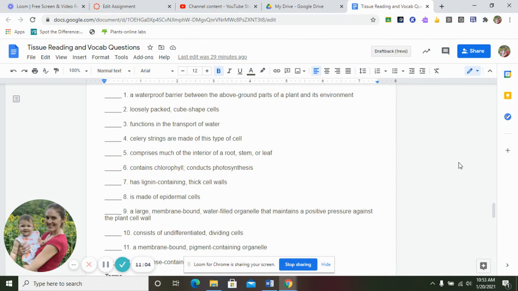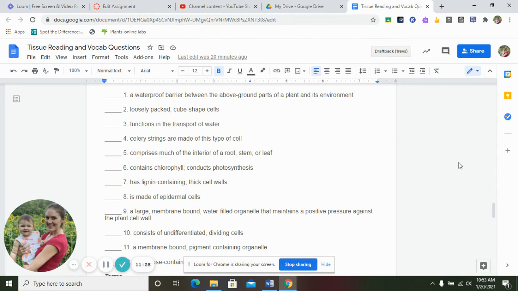So the blank contains chlorophyll. That is going to be C, the chloroplast. A membrane-bound organelle that contains pigments other than chlorophyll is D, the chromoplast. The blank contains dividing undifferentiated cells. That's I, the meristem. Blank consists of loosely packed cells with thin cell walls. That is J, the parenchyma.